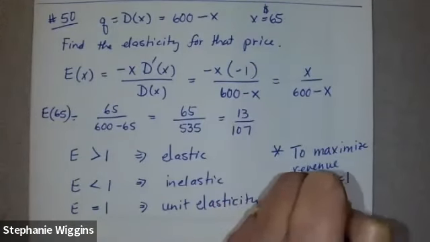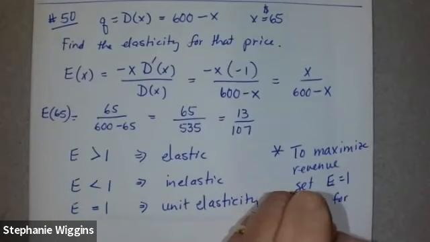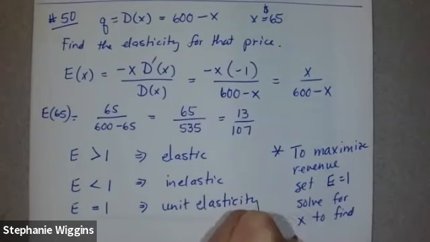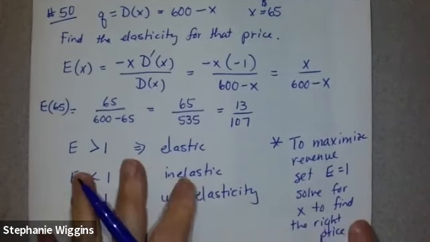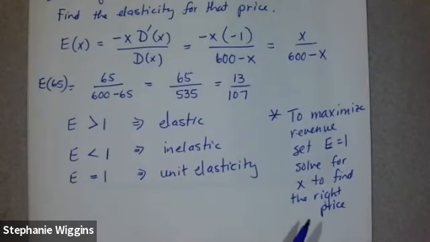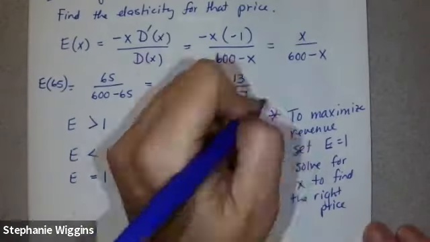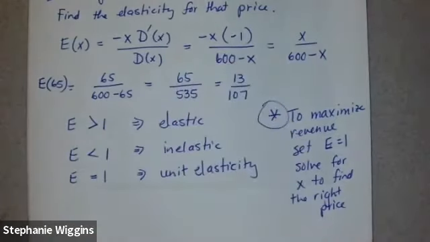Solve for x to find the price. Okay, make sure you know that, because there's a problem that'll say, how do you get the maximum revenue? And then you're going to know, oh, I set E equal to 1 and solve for x. Okay, so make sure you know that. Now let me do a problem like that.